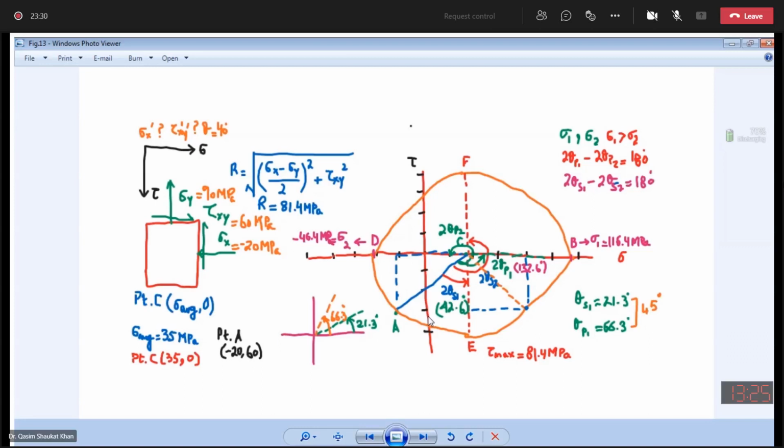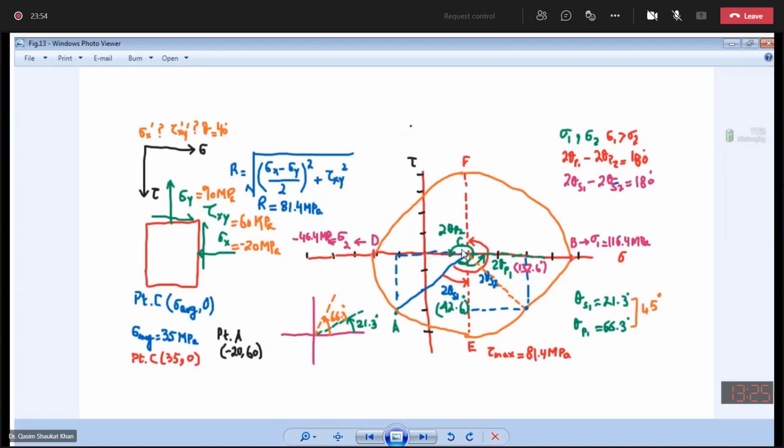Next thing is you have to locate the point C. Point C is the center point of the Mohr circle, and its coordinates are 35 and 0. So on the normal stress axis you will mark 35, and on the shear stress it is 0.